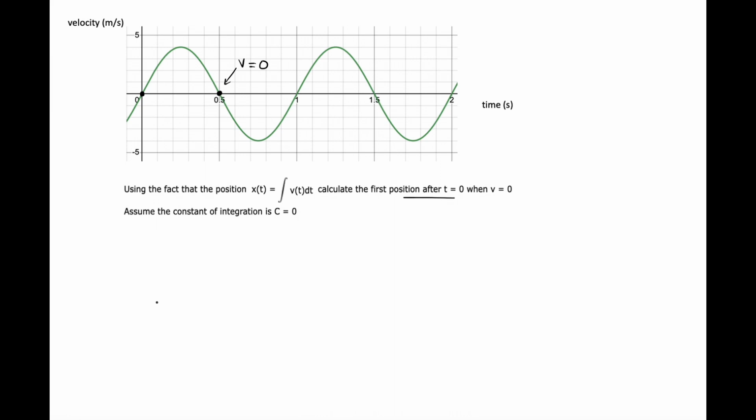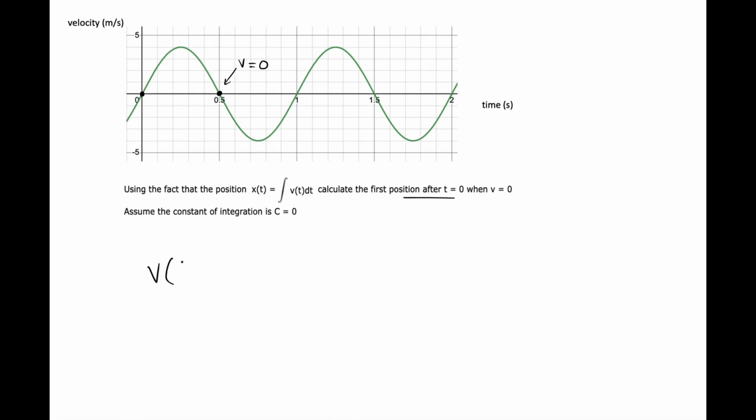Alright, so the first thing I'm going to have to do is find a formula for this function. I could make it a sine or a cosine type of graph, whichever I choose. I'm going to make this a sine graph.